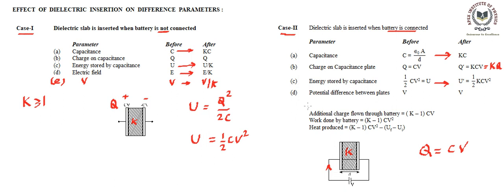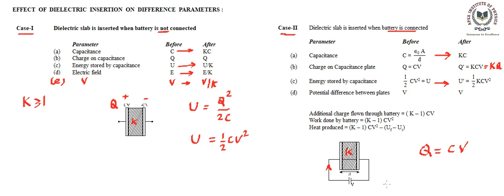So these are very important points to keep in mind. Whenever you are going to talk about any parameter, you need to see whether the battery is connected or not connected. However, in case of capacitance, it doesn't matter whether the battery is connected or not, but in other parameters it does matter. Two most important points that need to be kept in mind are: when this is not connected with the battery, charge remains constant.